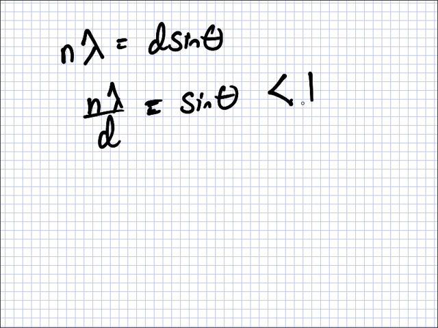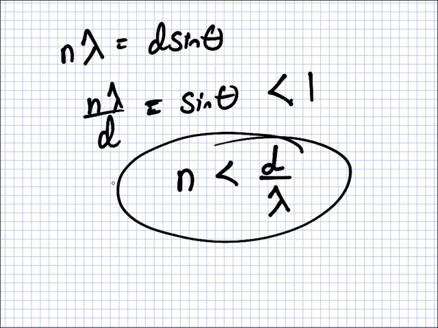It can never equal 1, because if sine theta equals 1, theta is 90, so the light actually never hits the screen because it moves parallel to it. So this means that n should be less than d over lambda. By using this formula, you can get the maximum order for both lights.